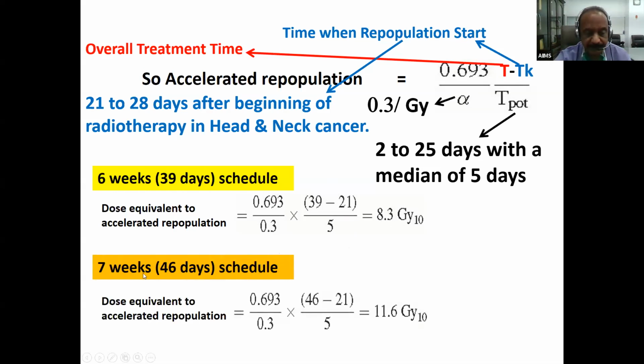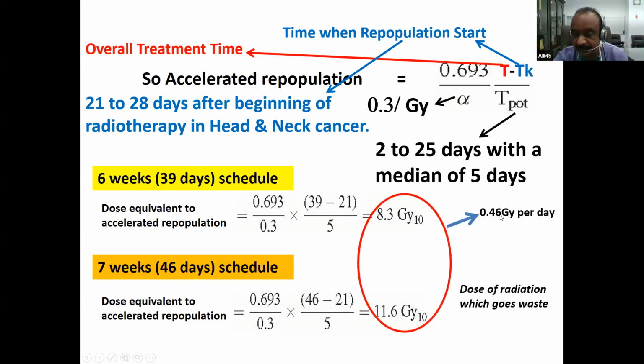For a 7 weeks treatment, which is completed in 46 days, again, you can calculate by putting these values here. Now, total treatment time will be 46 days. So when you calculate, it comes out to be 11.6 gray. And the dose of radiation lost because of accelerated repopulation per day is 0.46 gray per day.